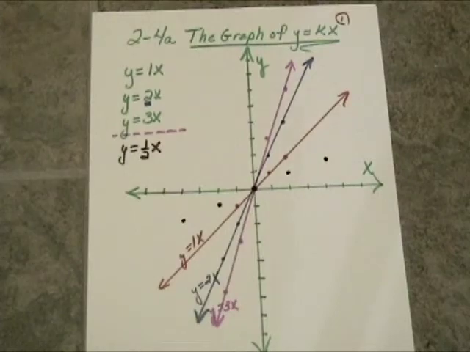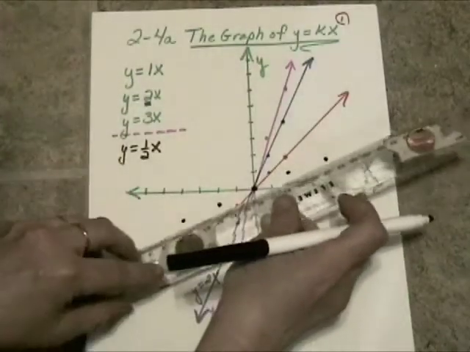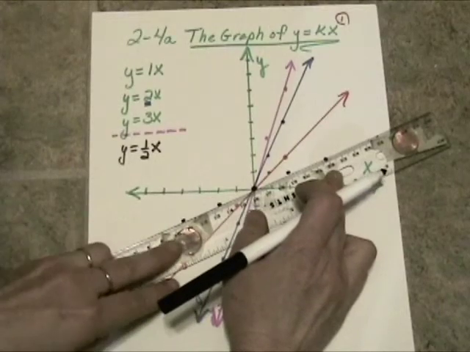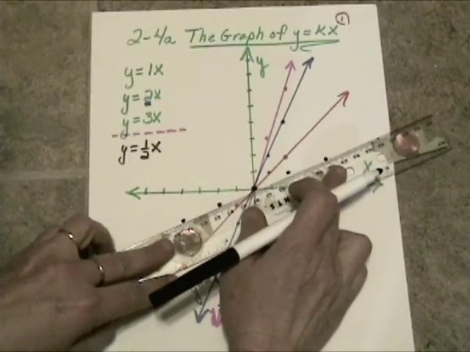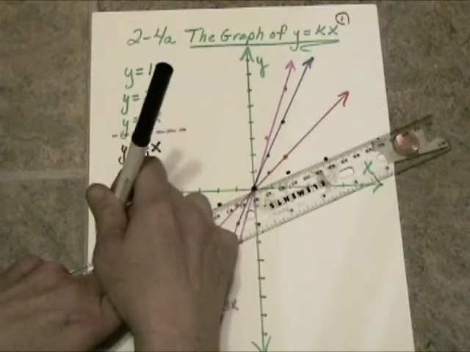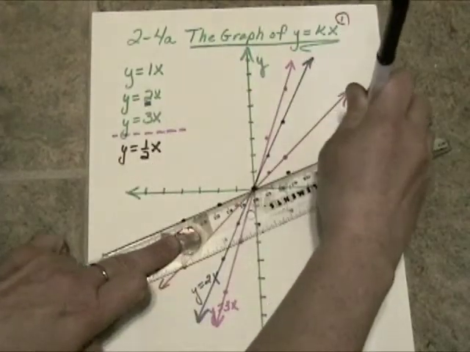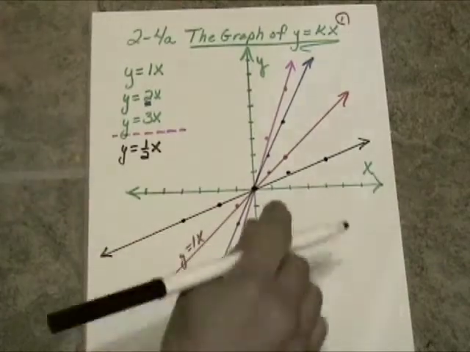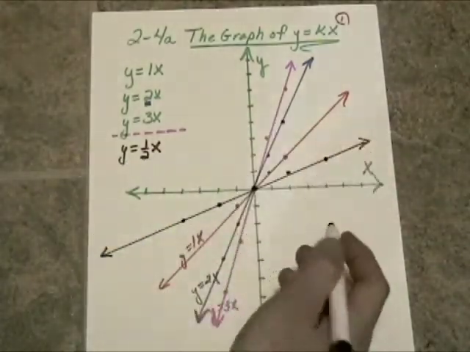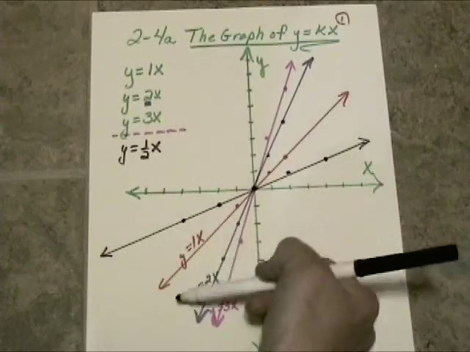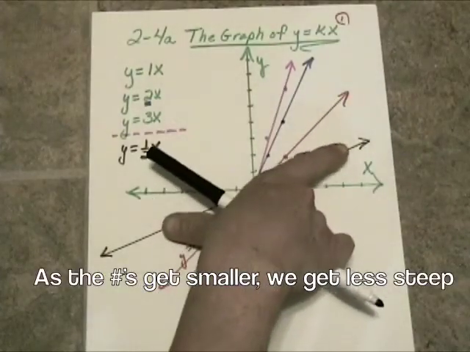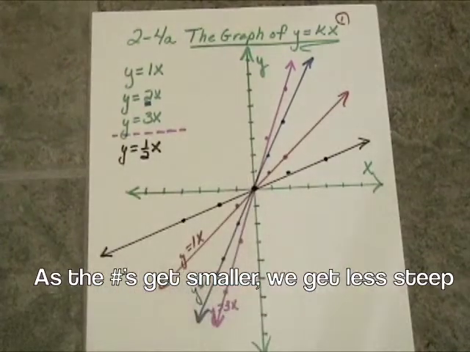So you can see here, if you have a number less than 1 for your k, the graph will also be linear, a straight line, but it's less steep than the y equals 1x. So as the numbers get smaller, we get less steep.